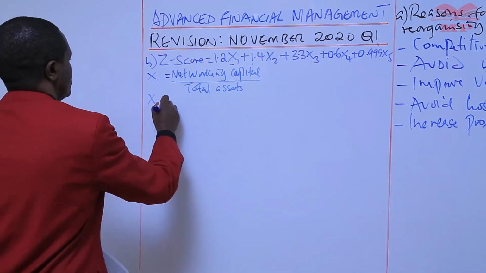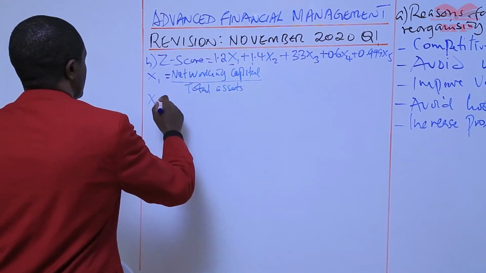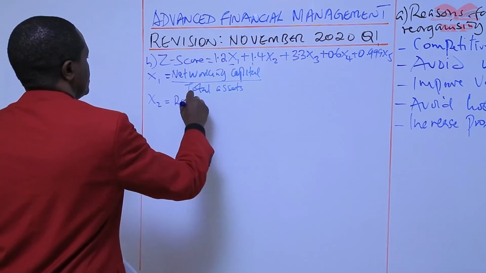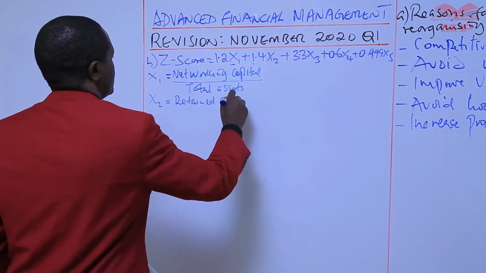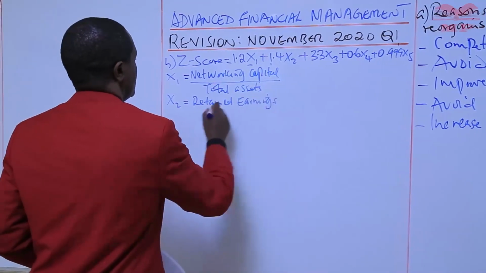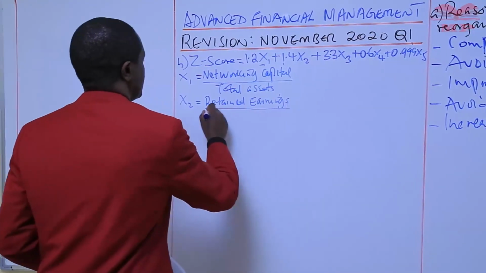X2 is equal to retained earnings over total assets.